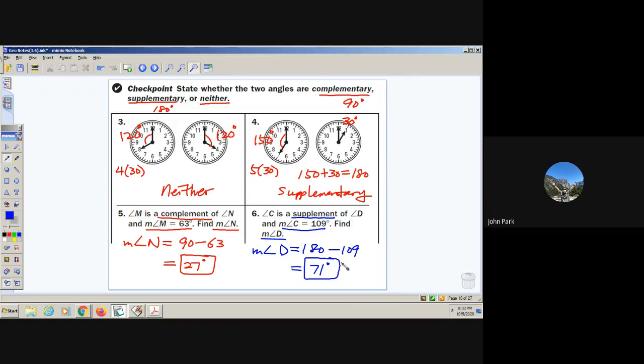Again, 71 plus 109 gives you 180 degrees, which is what we mean by supplement. Supplementary angles add up to 180 degrees. Complementary angles add up to 90 degrees. So make sure you don't confuse those two. That's how we figure out complementary or supplementary angles.